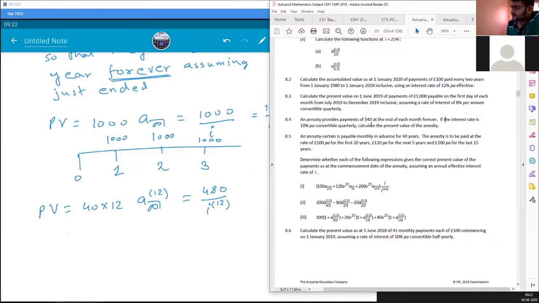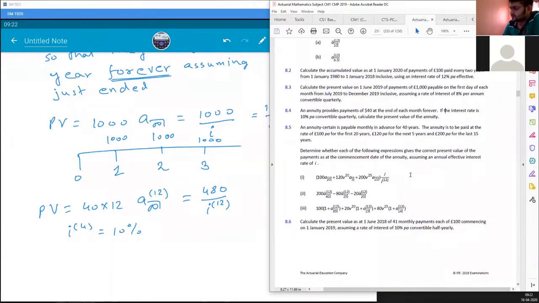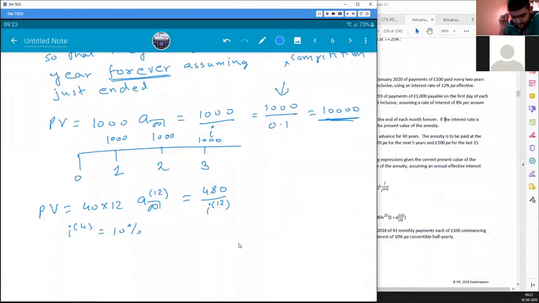And they have given the interest rate 10% per annum convertible quarterly. So i-4 is 10%. You have to calculate your i-12 and you will be able to solve this. Okay. So you can do the calculation. So ये हो गया हमारा perpetuity.